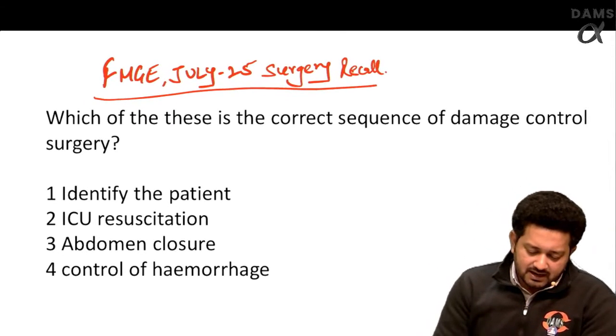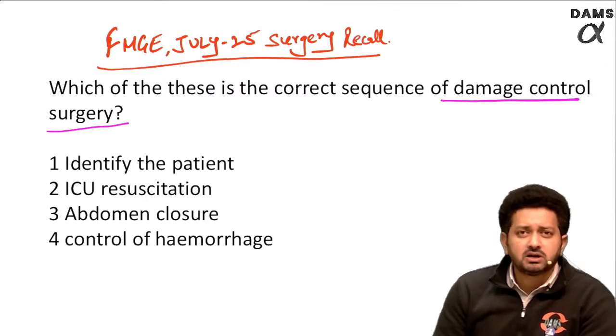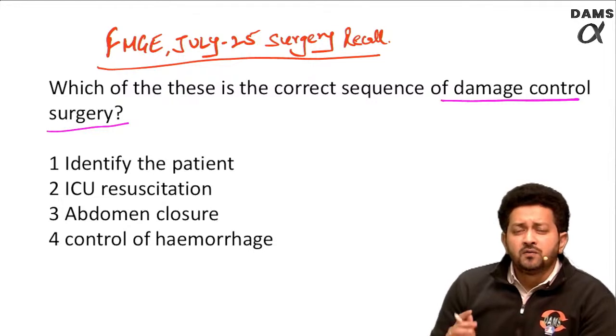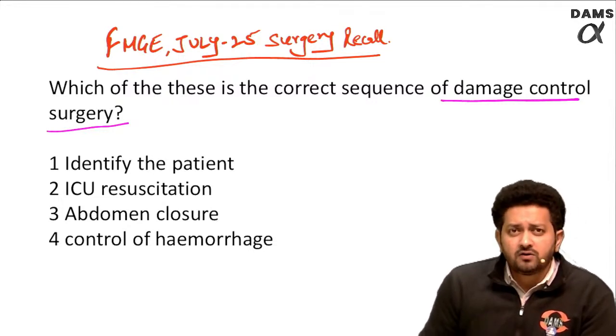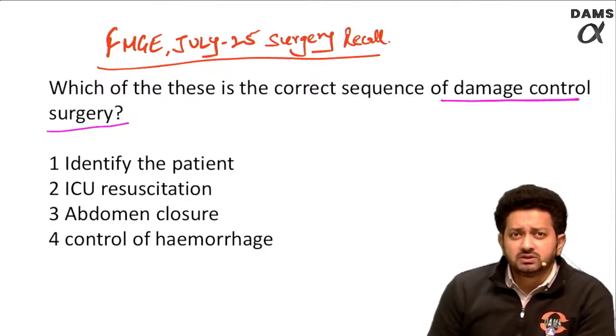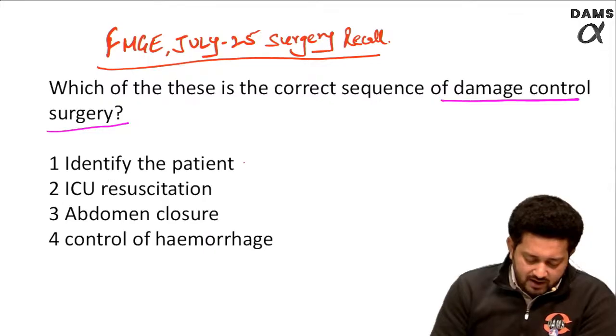Which of the following is the correct sequence of damage control surgery? In damage control surgery, we operate when the patient comes in with the trauma triad of death: hypothermia, acidosis, and coagulopathy. So the first thing you need to do is identify which patient needs damage control surgery.